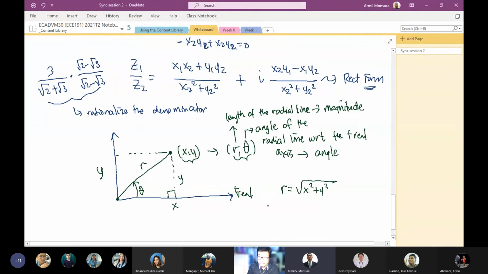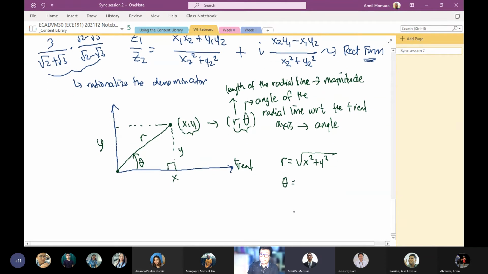While the angle is found by which formula? Or by which function? Given ito, at saka to.